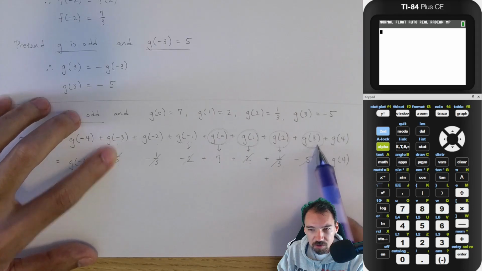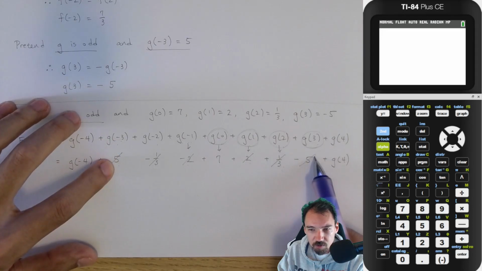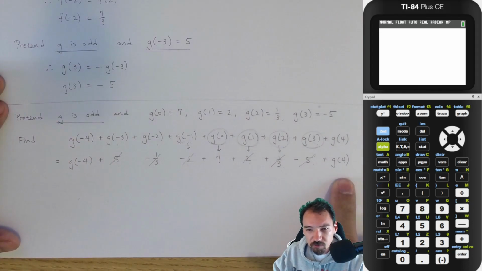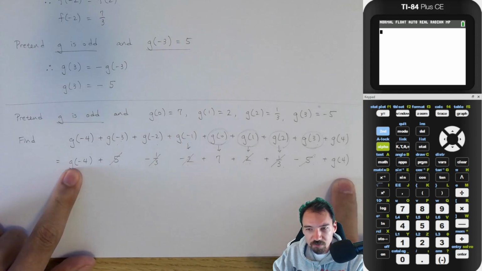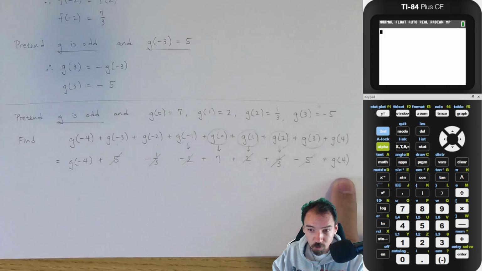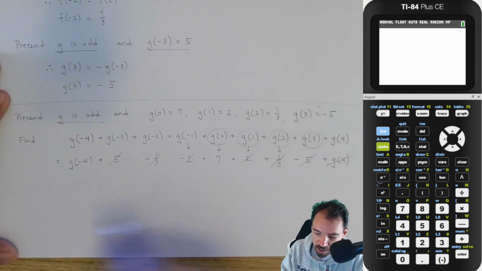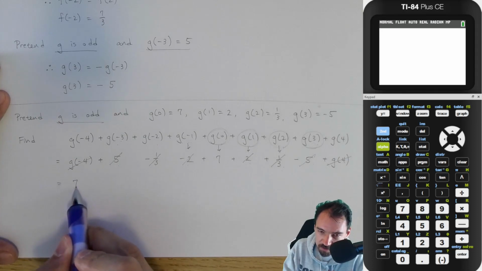So if I add those two y values together, I should get 0. That means I don't even need to know what g of 4 is to know that g of negative 4 and g of 4 have y values that are negatives of each other. So these will just add to make 0. So my answer just comes out to 7.